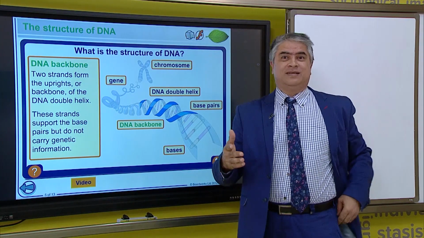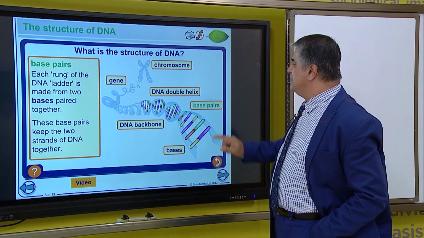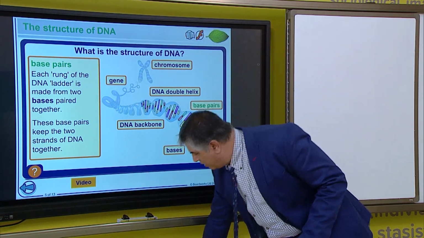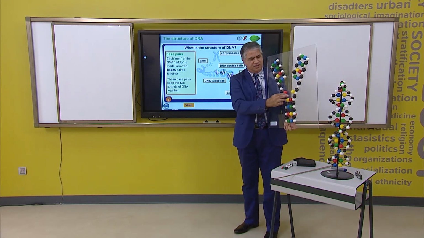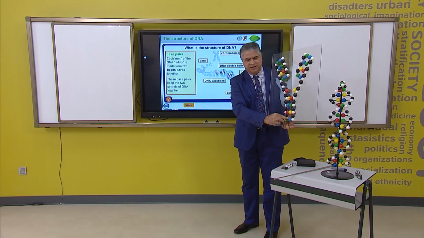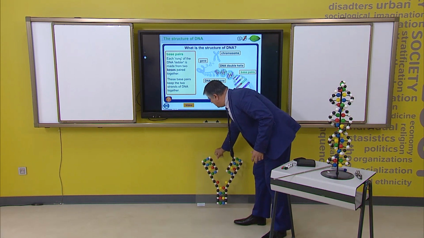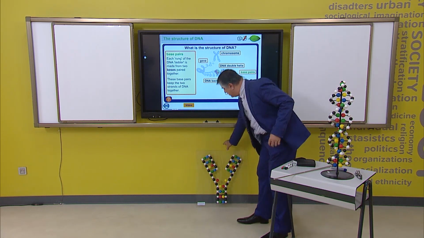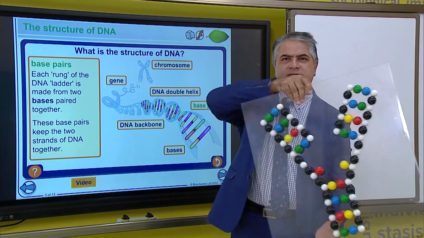So, what does have the genetic information? The base pairs, right? These are the rungs of the ladder. These are the base pairs, the rungs of this ladder. And they contain the genetic information, and they are paired together, as you can see, in a specific sequence.